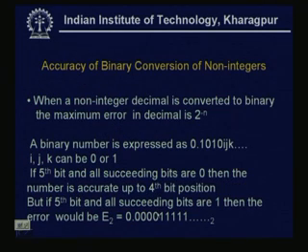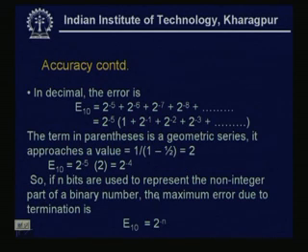Actually I have dropped the 5th bit and all the succeeding bits, and if they were all ones, then we have defined this as the error. This is the place value after the decimal point, this is the 5th bit, so it will be 1 into 2 to the power minus 5. The second one is 1 into 2 to the power minus 6.